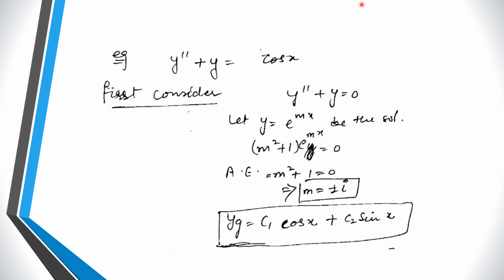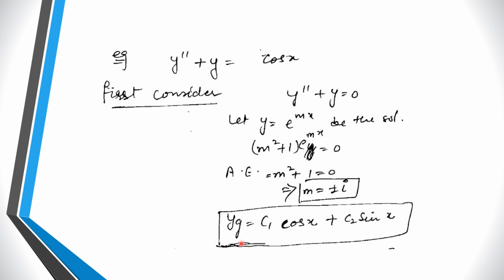And now just see, your R(x) is also cos x, and cos x is a solution of your left hand side. So we cannot choose yp to be some undetermined coefficient times cos x plus some undetermined coefficient times sin x, because your left hand side will become 0 in this case, as cos x is a solution of your homogeneous second order differential equation.